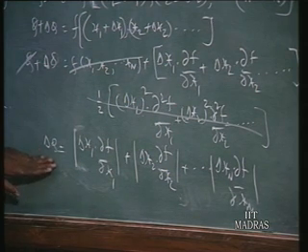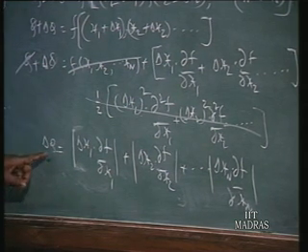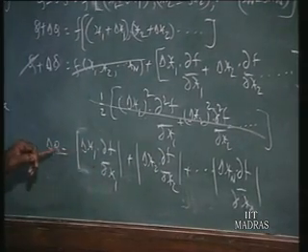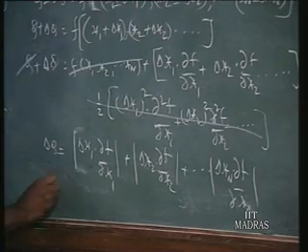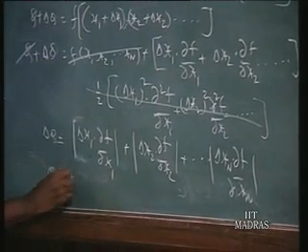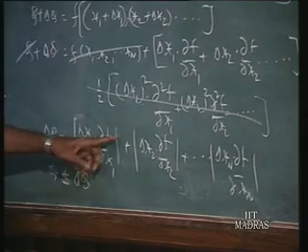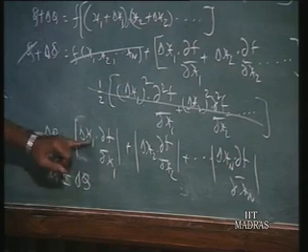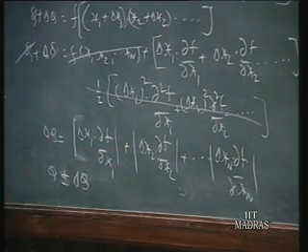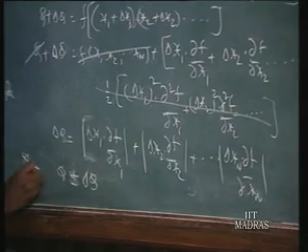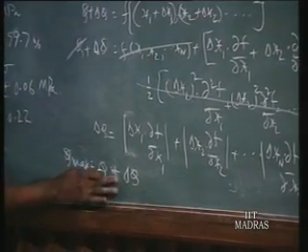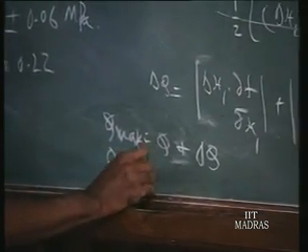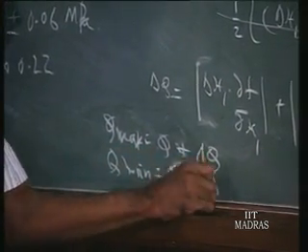Now this equation assumes that all instruments are working with the maximum error. Later on we are going to put q is equal to q plus or minus delta q. That plus value is q maximum, so we will say q maximum is equal to q plus delta q, and q minimum is q minus delta q.